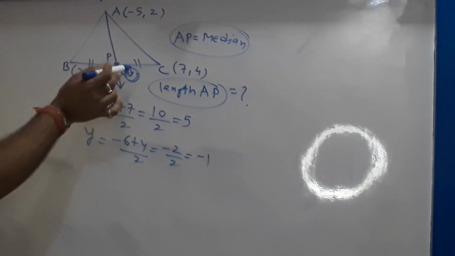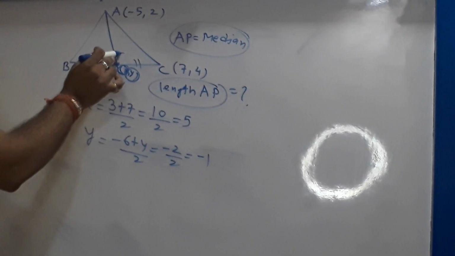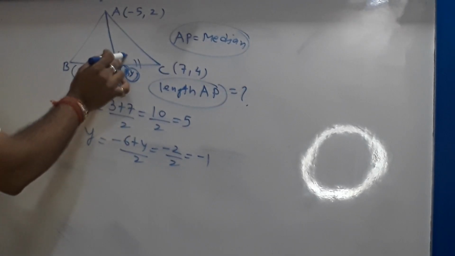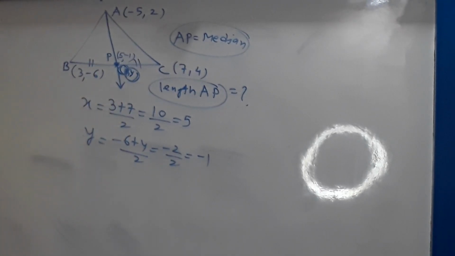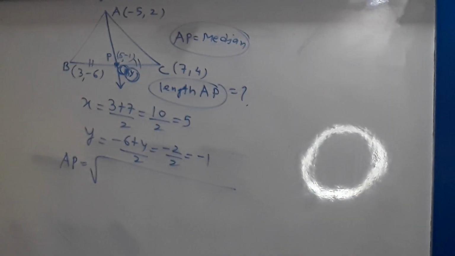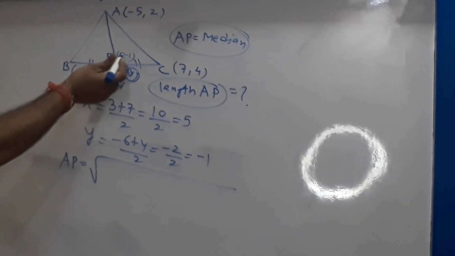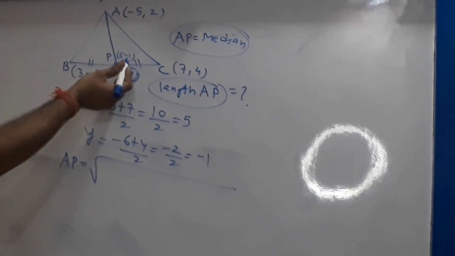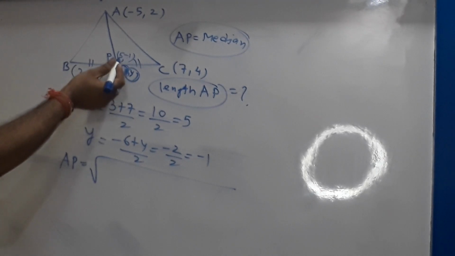So coordinates of P, what we have got? 5 comma minus 1. Now we want to find AP. So we apply distance formula. What is distance formula? x2 minus x1 square. x2 is 5.